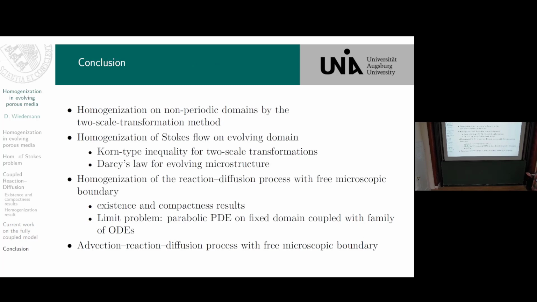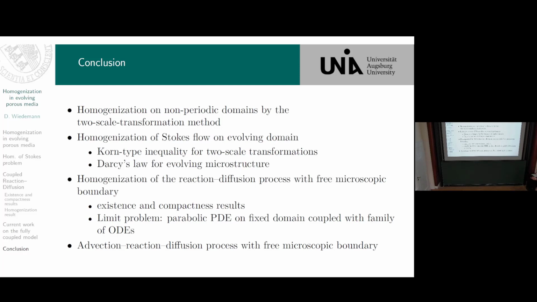Okay, and so let me conclude with what we have seen. We have seen this transformation approach, that you can use it for the homogenization in the setting of PDEs. And so maybe it's also interesting to apply these transformations in the setting of calculus of variations. And we have seen that you can apply it successfully for the homogenization of the Stokes problem, where we derived this Korn type inequality and obtained this Darcy's law for evolving microstructure.